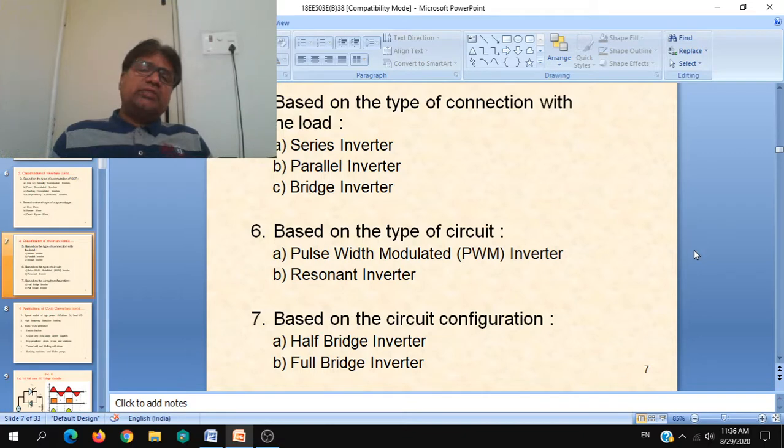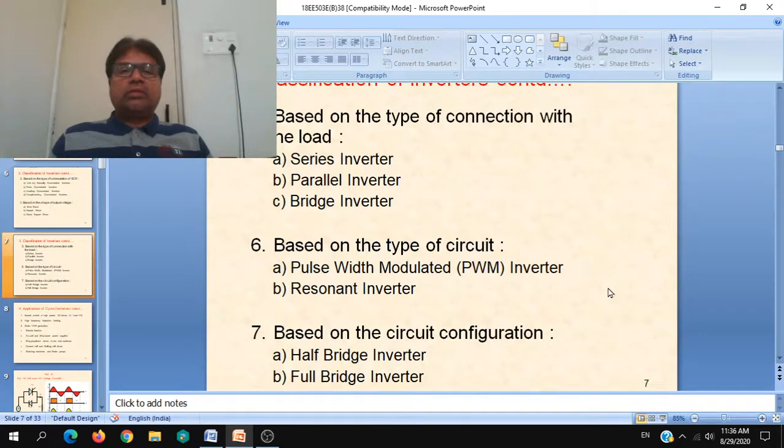So from any one aspect, you are asked to write down the classification. If you want to write the answer from the aspect of circuit configuration, mention classification of inverters based on circuit configuration, and write down the two types, that is half bridge inverter and full bridge inverter.